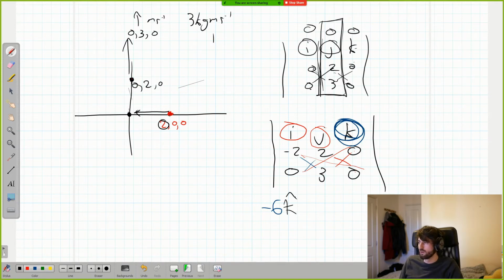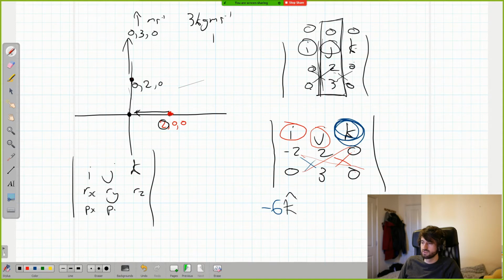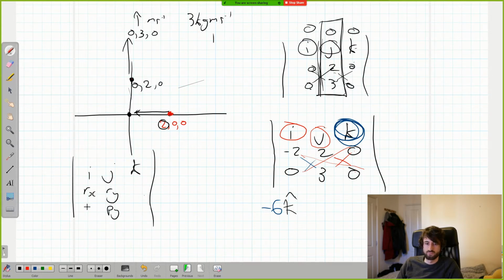Two things to note here. One thing, instead of calling them this, let's give them more generic names. We'll call it Rx, Ry, Rz, Px, Py, Pz, and in this case, these ones are equal to 0. We can see here that this gives us Rx, Py, k, minus.